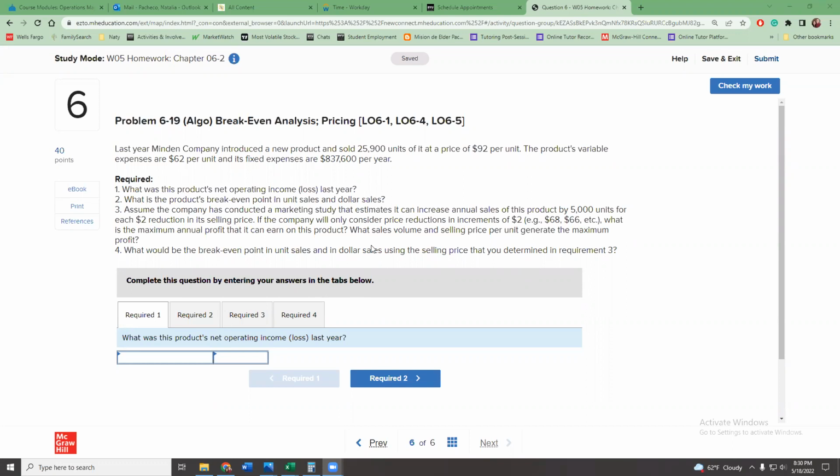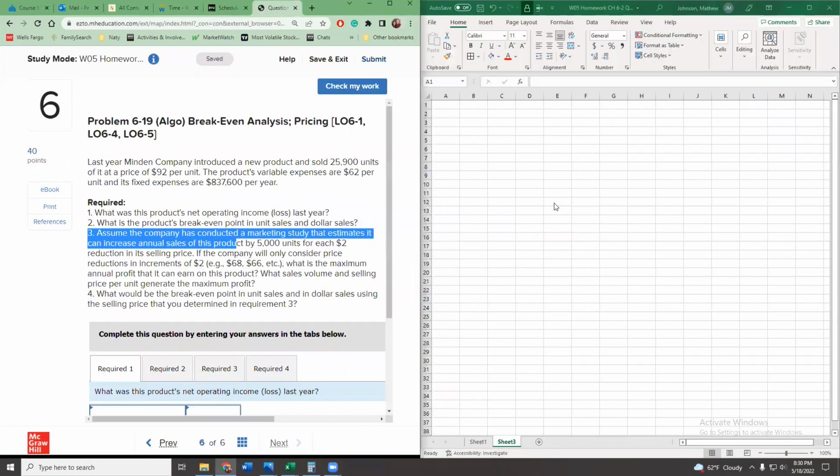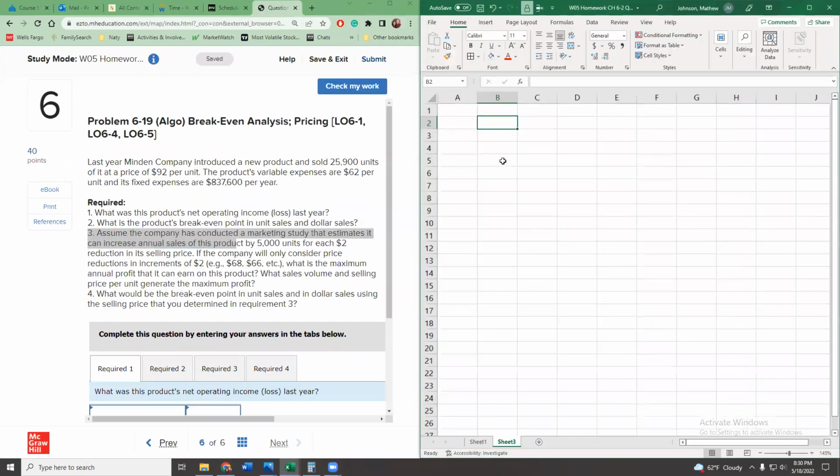It says that last year, Minden Company introduced a new product and sold 25,900 units of it at a price of $92 per unit. The product's variable expenses are 62 per unit and its fixed expenses are 837,600 per year. So the first thing I'm going to do is write down those numbers.